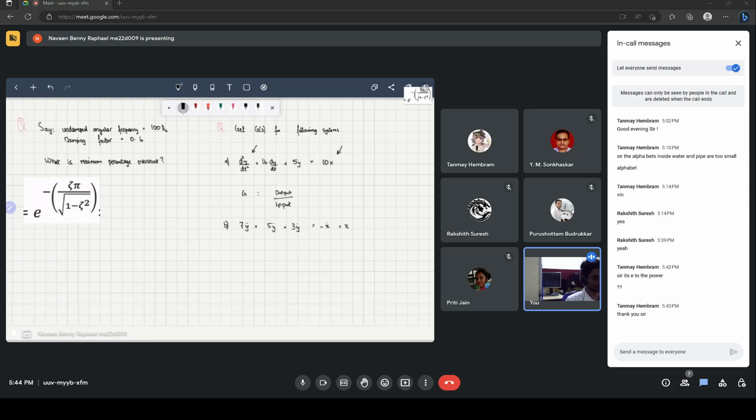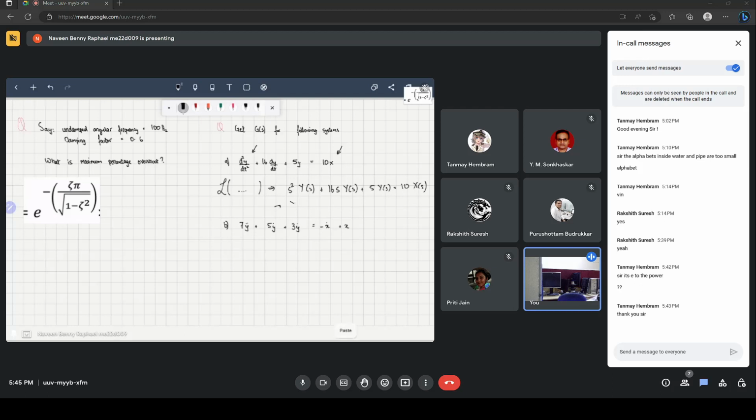I didn't notice. So on taking the Laplace transform of this, we get s square into Y of s plus 16s into Y of s plus 5Y of s is equal to 10X of s.